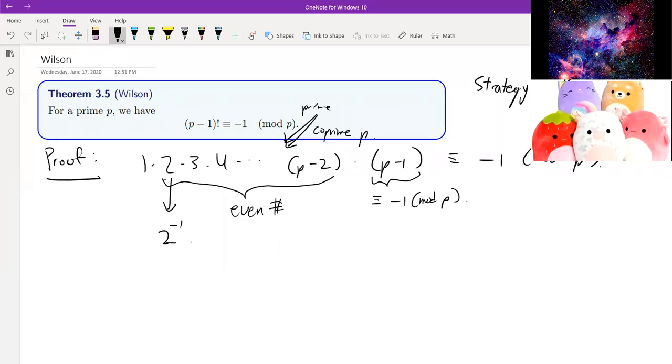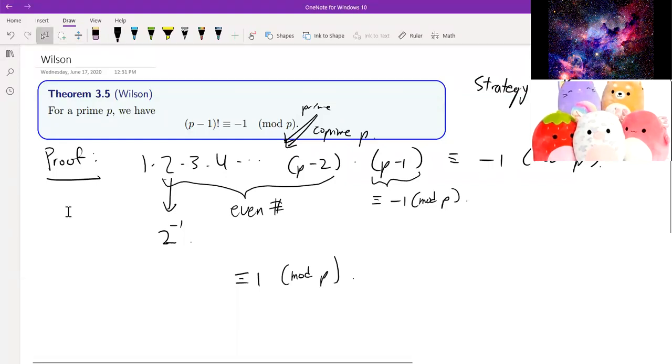And thus, we know that inside this range from 2 to p minus 2, there is a number where 2 multiplied by that number is congruent to 1 mod p. So all we have to do is pair all of these numbers with their inverses. And thus, the product of all these numbers should be congruent to 1 mod p. And so we finish our proof, because then we multiply by p minus 1, and we get -1 mod p.